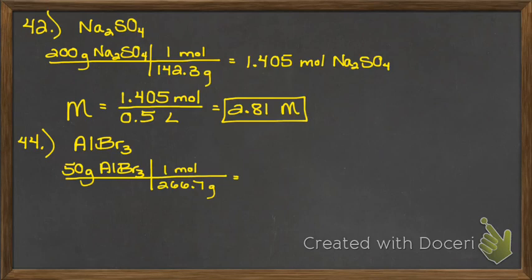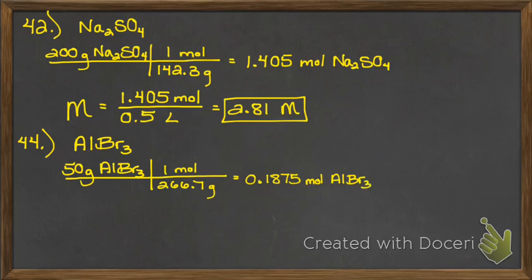Okay, let's get that into moles. So 50 divided by 266.7. I don't want to round too much, 0.1875, let's say, moles of aluminum bromide.